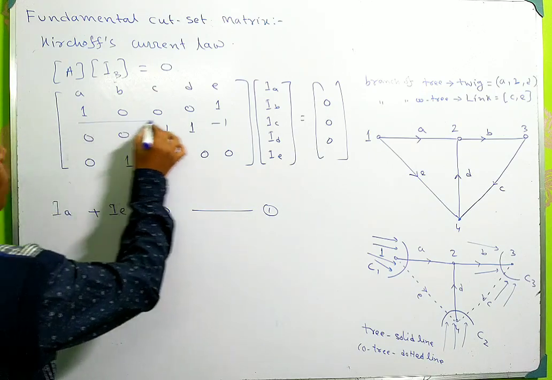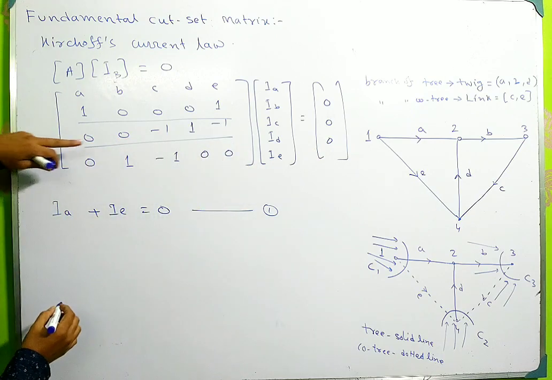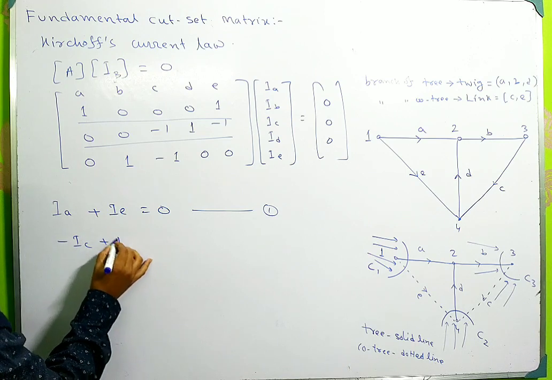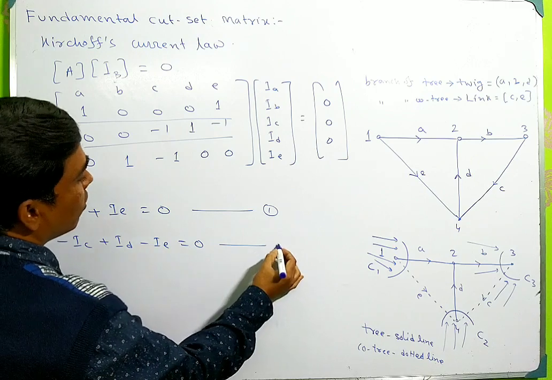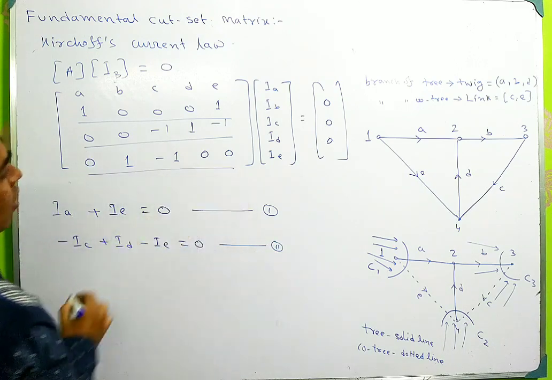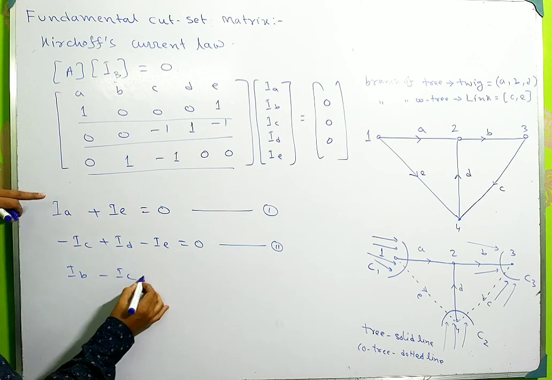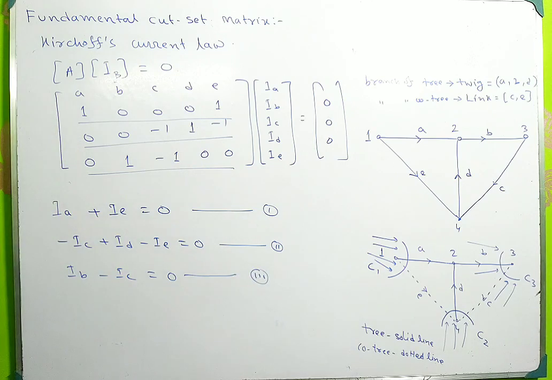From this row we take minus IC plus ID minus IE equals 0. This is another KCL equation. And from this row, IB minus IC equals 0. This is equation number 3.